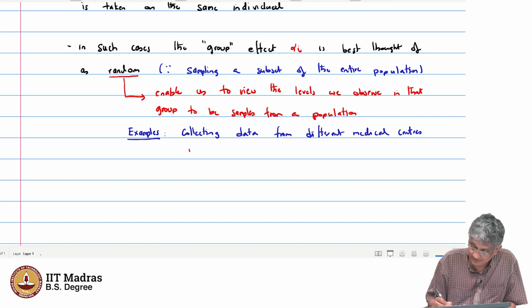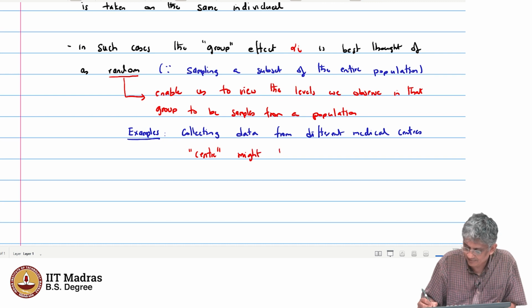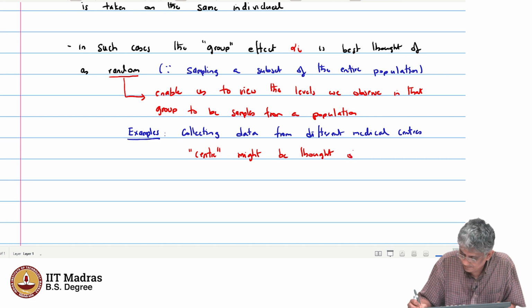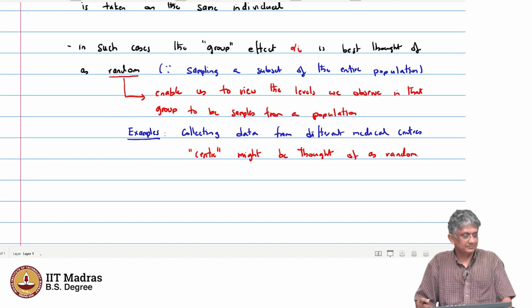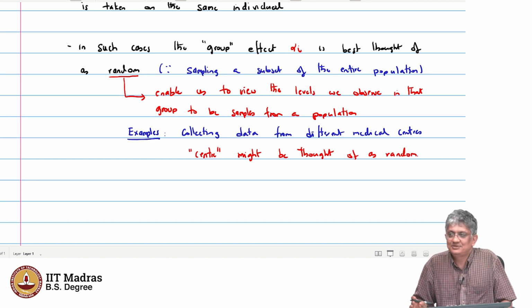So the center variable, the grouping, might be thought of as random. Or you have different campuses, then the campuses can be thought of as random as well.